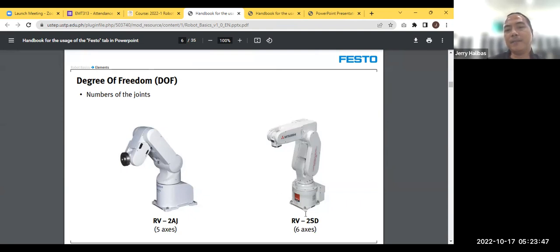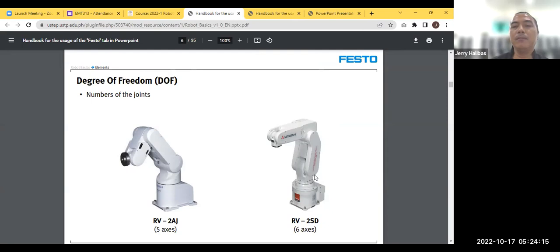If you have the RV-2SD, the robot that is in the laboratory, it is a 6-axis robot with 6 degrees of freedom. At the same time, it has 6 joints. You can see here in the laboratory the labeling J1, which is at the home position.